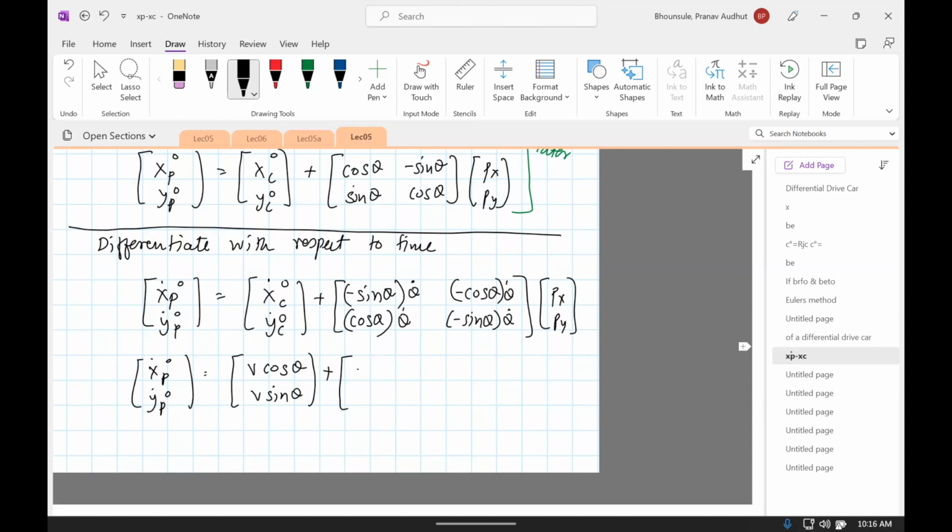So that would be minus px sine theta, this way, minus sine theta px theta dot, minus cosine theta, theta dot, or rather py theta dot, and cosine theta px theta dot minus sine theta py.